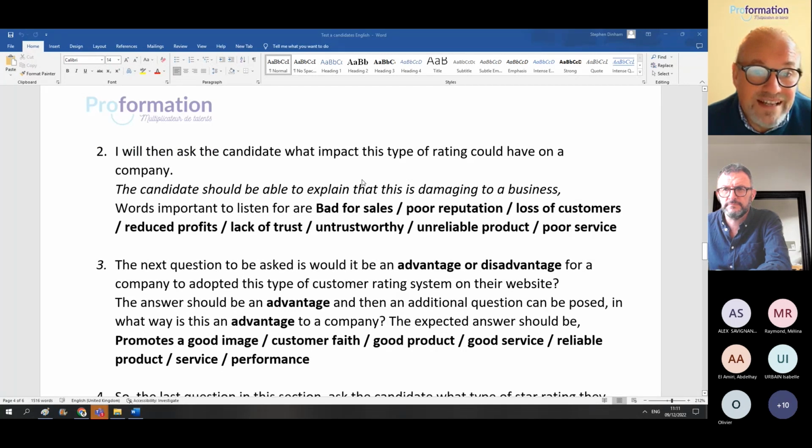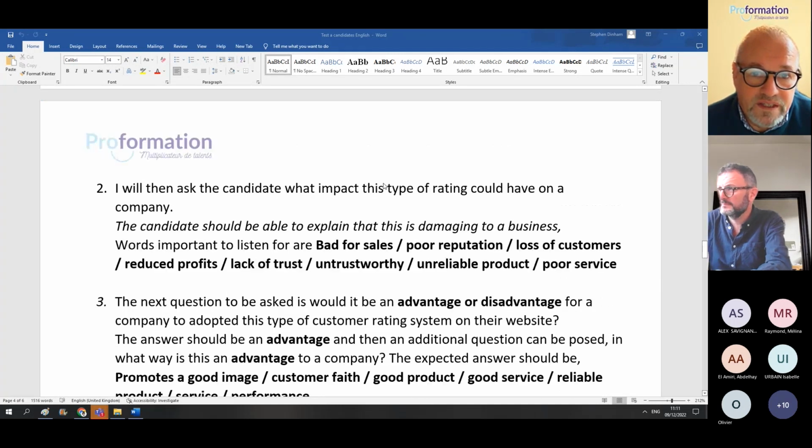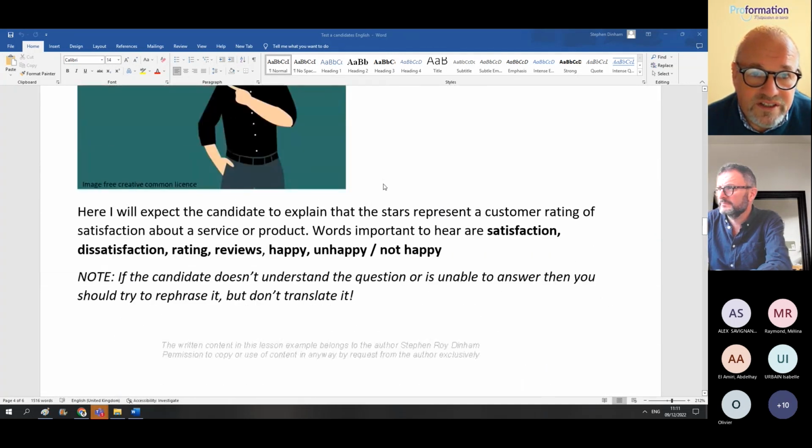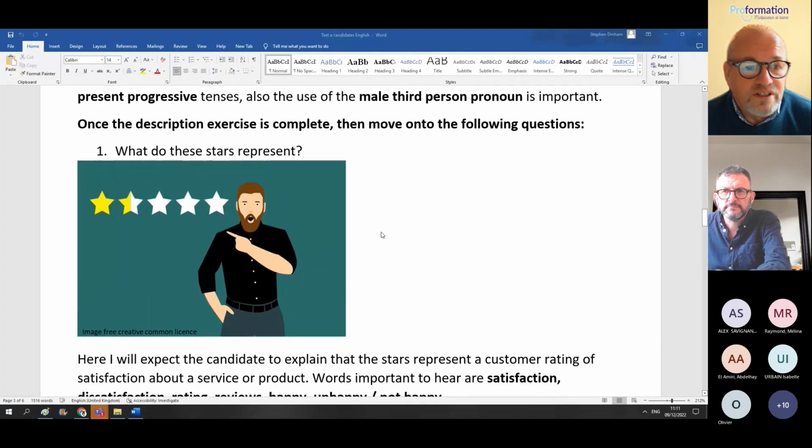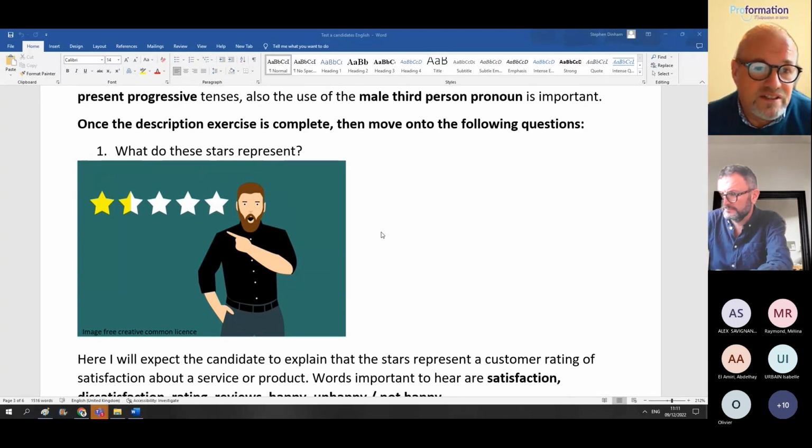I will then ask the candidate what impact this type of rating could have on a company. The candidate will study this image again and decide on what he or she thinks the type of impact this type of rating would have for their business.